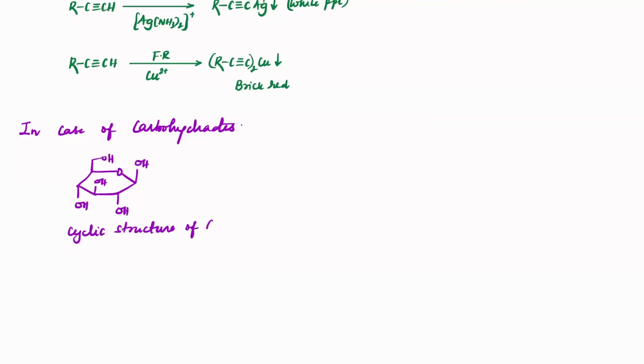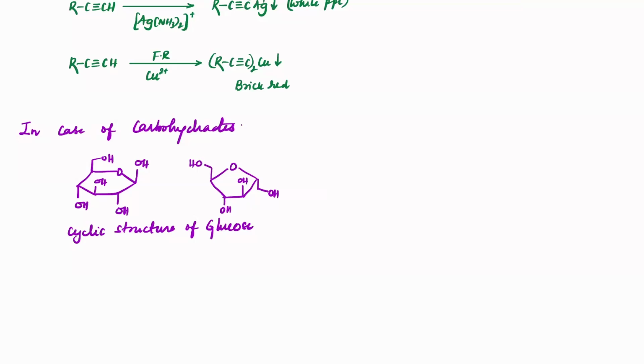Similarly, we can have the cyclic structure of fructose also. This one. So here we'll have OH, OH, OH, and OH.